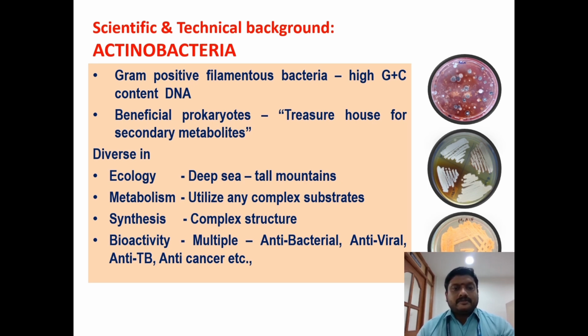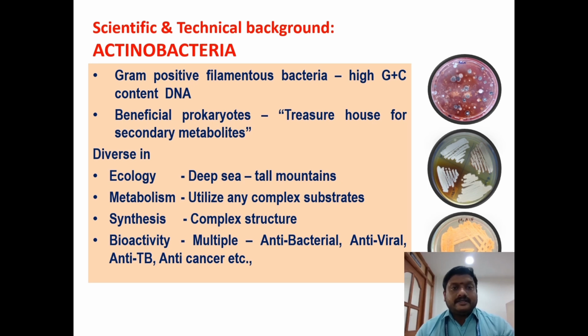And the main metabolism of these actinobacteria is that they can utilize any complex substrates, and they can synthesize some complex structures having the bioactivities like antibacterial, antiviral, anti-TB, and anti-cancer.